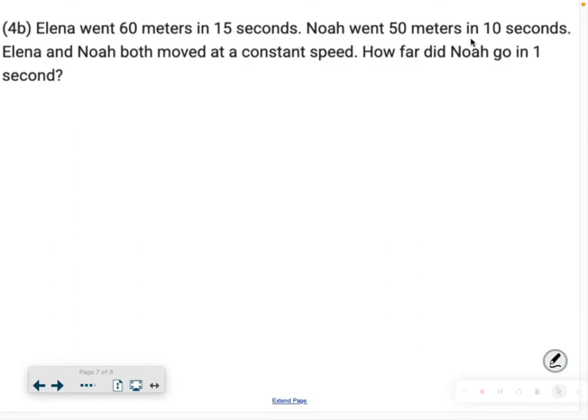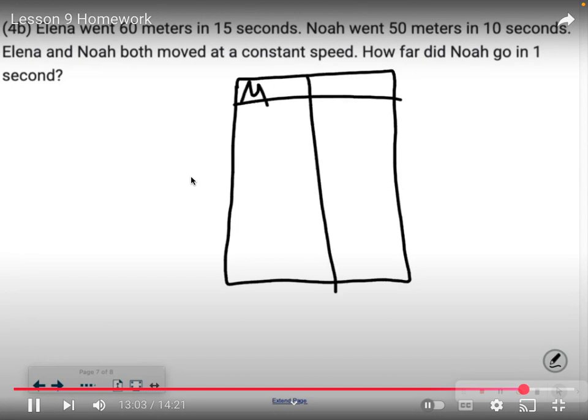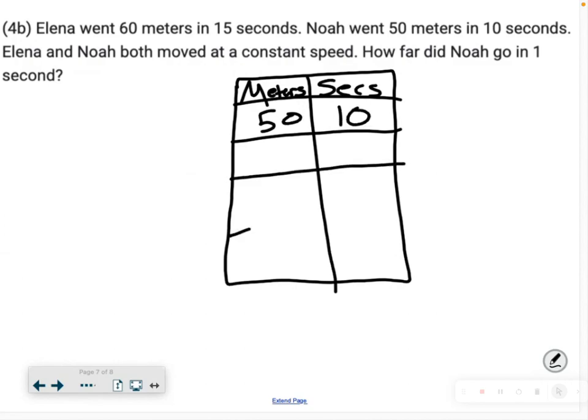Elena went 60 meters in 15 seconds. Noah went 50 meters in 10 seconds. Now it's how far did Noah go in 1 second. So I'm going to do the same thing. Ratio table comparing meters and seconds for Noah. I'm going to plug in what I know at the first row, 50 and 10. And I know I'm going to have to get down to that 1 second by the end.